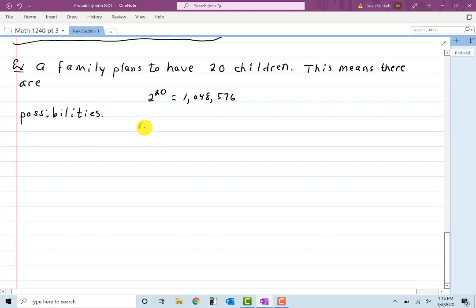So we know that the size of the sample space is 1,048,576.